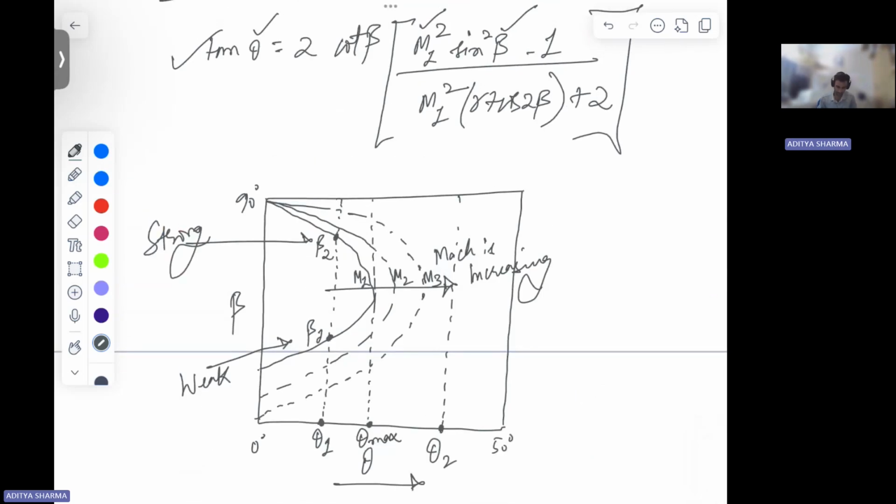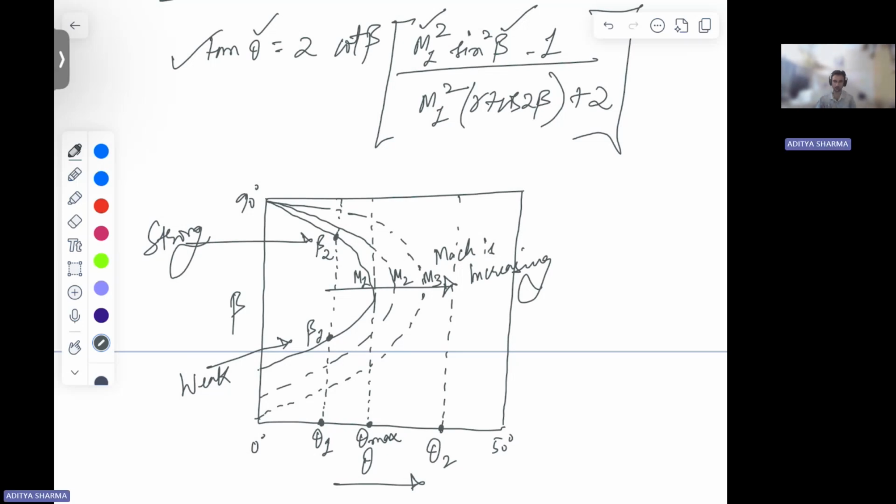It says that for some particular theta value, the deflection angle, if we talk about the weaker solution of this theta-beta-M curve, the weaker oblique shock, then as the Mach number is decreasing, your beta value, the shock angle, is increasing.